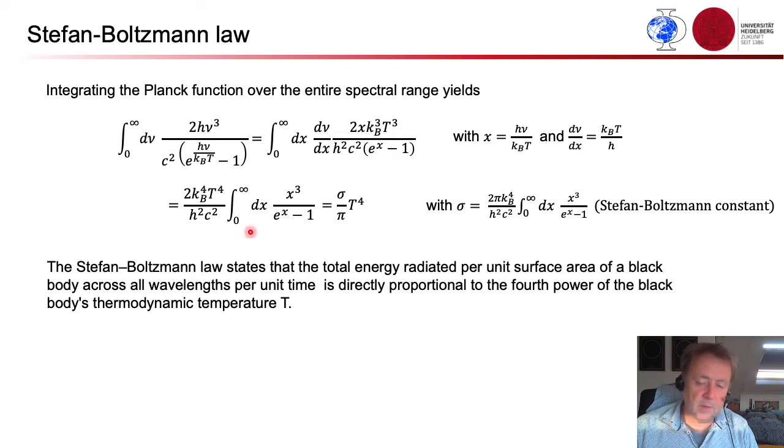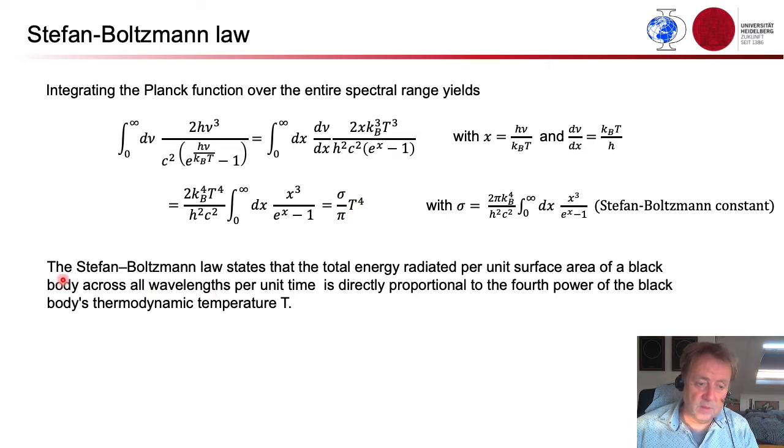Now, that integral can be solved, and you get a certain value for it. Finally, what this law says is that the total integrated energy is the so-called Stefan-Boltzmann constant sigma divided by pi times the temperature to the power of 4.